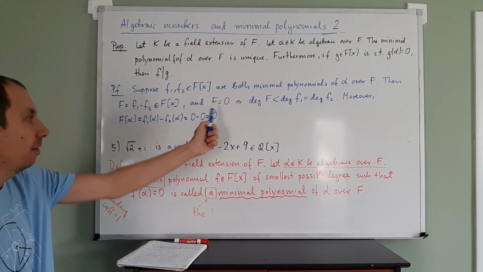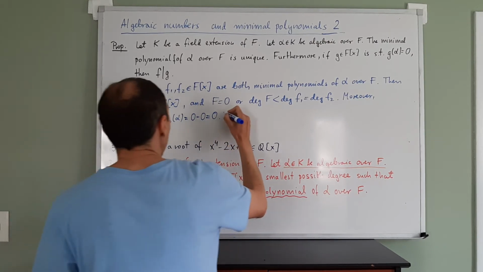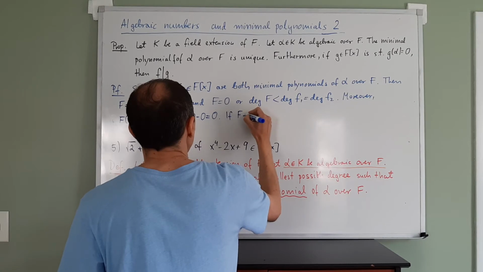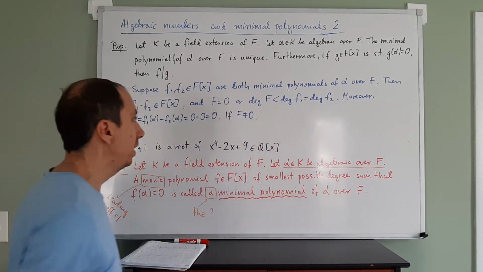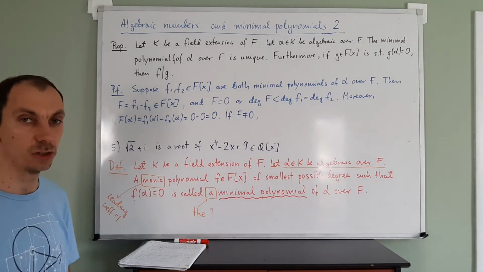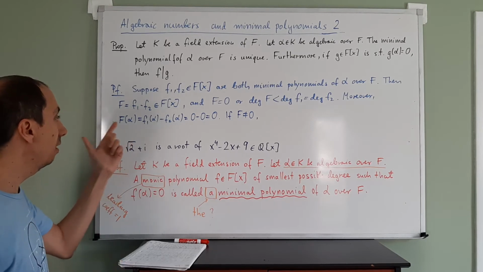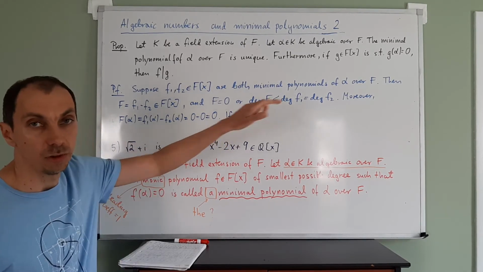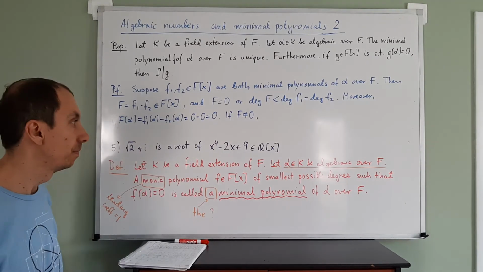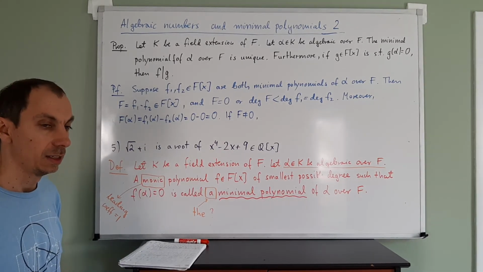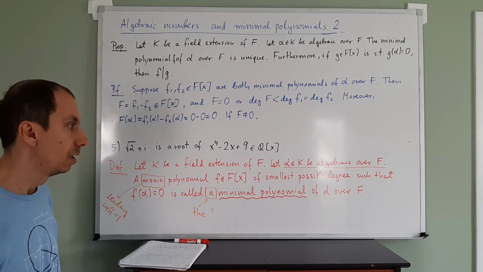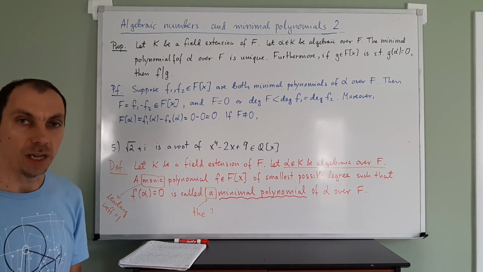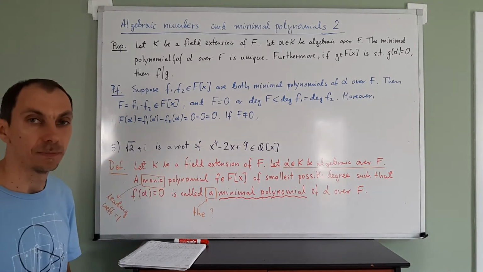So suppose that f isn't 0. So if f isn't 0, I now have a polynomial which is non-zero, which has alpha as a root, and it's of degree strictly smaller than the degree of the minimal polynomials. Does that give me a contradiction? Well, not right away, because I don't know that f is monic.